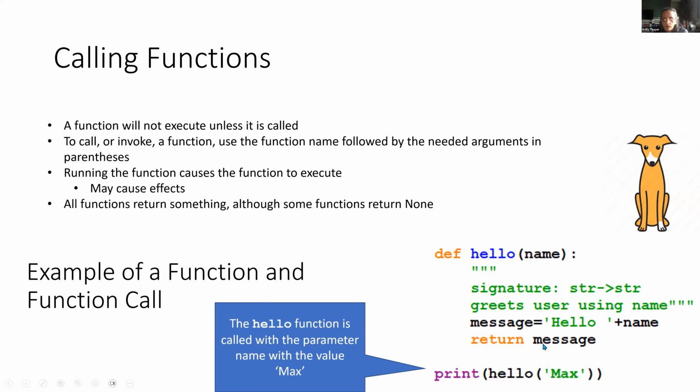And then it will put that into the message. Notice that we're using concatenation here. We had talked about that when we learned about strings and overloading last week. And now we're going to do print hello of max, whatever gets returned out of this. So this is the function call, which needs to run off and get calculated. And then the answer comes back and goes into the print statement, which then prints out the message.